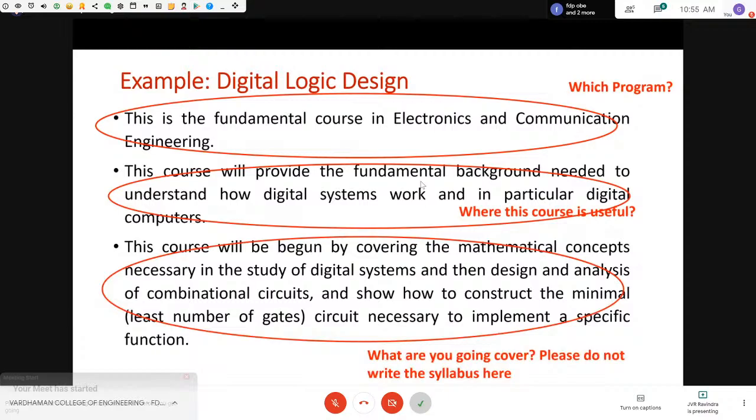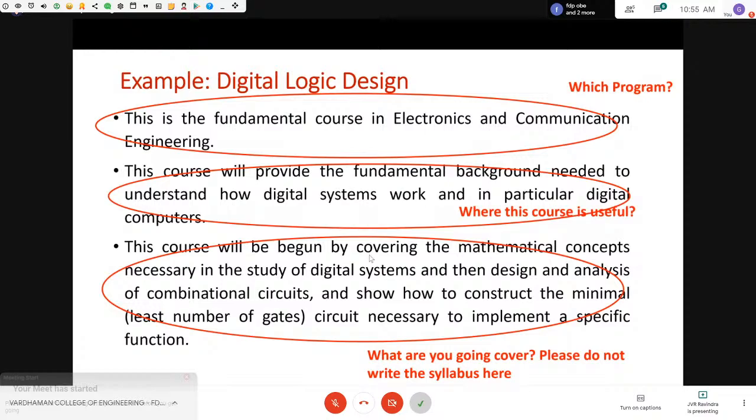When we say what you are going to cover, normally people will write the whole syllabus: first unit covers so and so, second unit, third, fourth, fifth. Not like that. You just have to understand the crux of it and then do it.